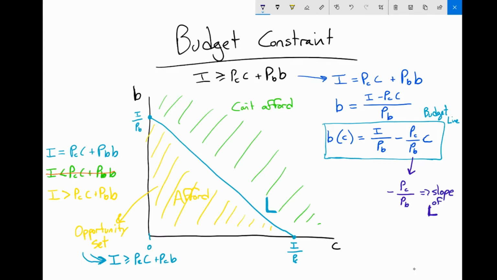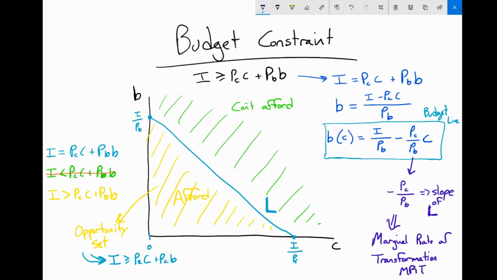Okay. This slope, the slope of the budget line, we call this the marginal rate of transformation, or the MRT.